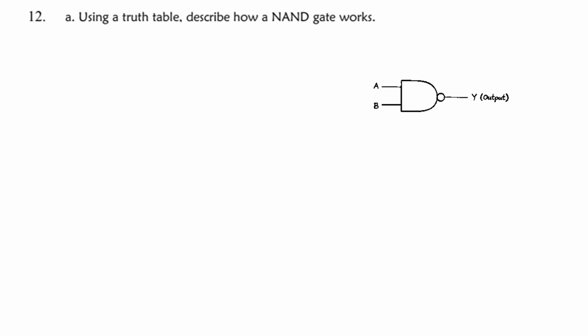So a truth table is just a table of values, inputs and outputs. That's not something complicated.